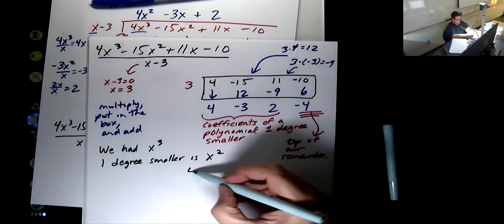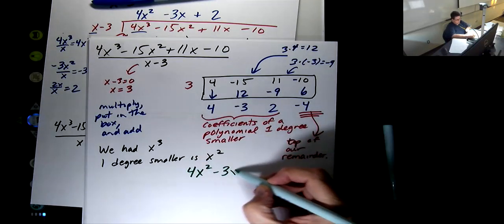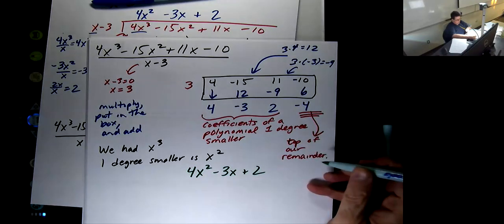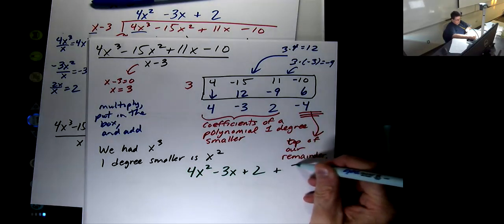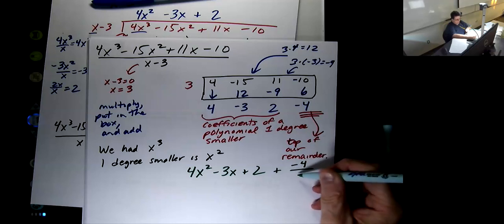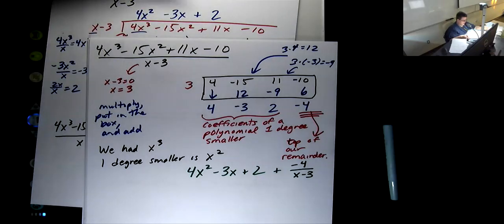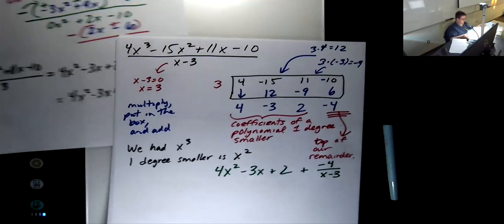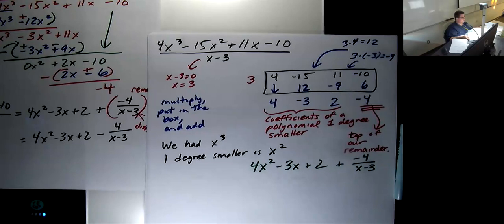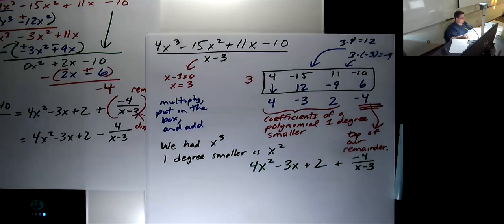So I will have 4x squared minus 3x plus 2. And then I have plus our remainder, -4 over x minus 3. And look, now what we got doing it the long way? Synthetic division is a lot easier. Takes up less room.